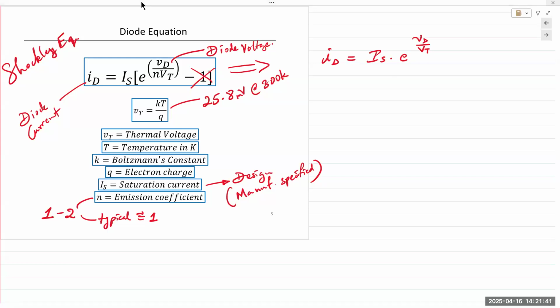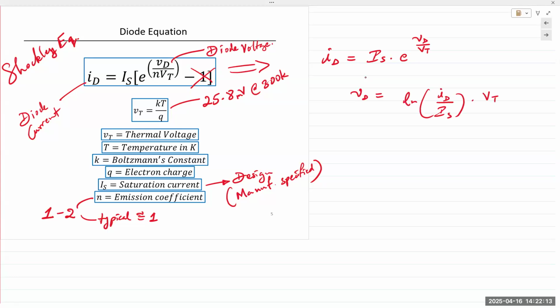Okay. So far, so good. So if we have the diode voltage, we can calculate the diode current. If we have the diode current, we can calculate the voltage by taking IS on the other side, natural log, and then times VT.